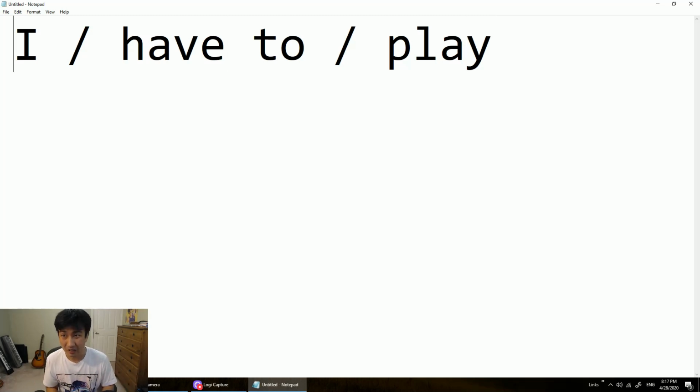Yeah, and then try to swap out the other words. So, for example, this word right here. The word "I" is a category of words called a pronoun. But again, you don't really have to know what the word pronoun means. Just use your intuition and try to think of similar words that fit into this slot.